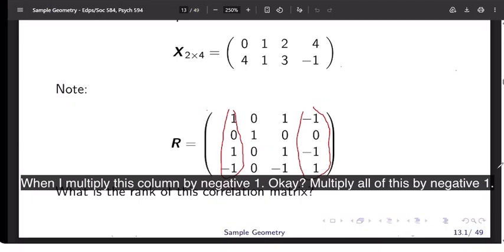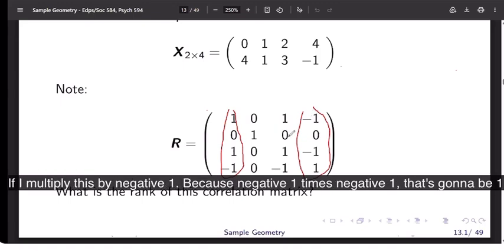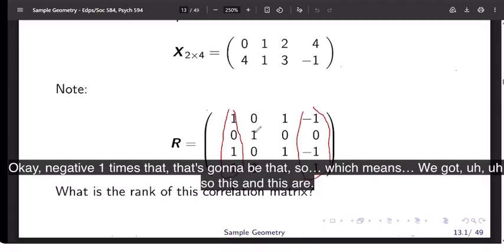I wanted to confirm that, and that's true, because -1 times -1 is going to be 1, and -1 times that is going to be that. So this and this are linearly dependent.